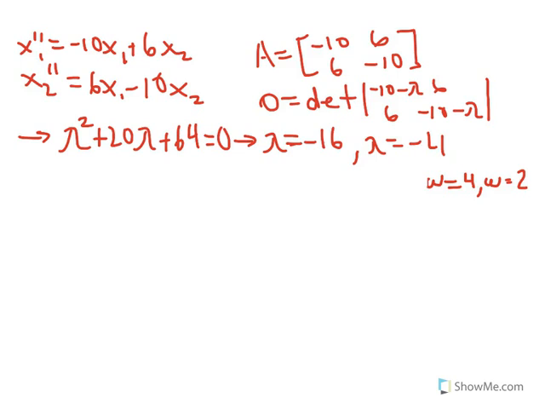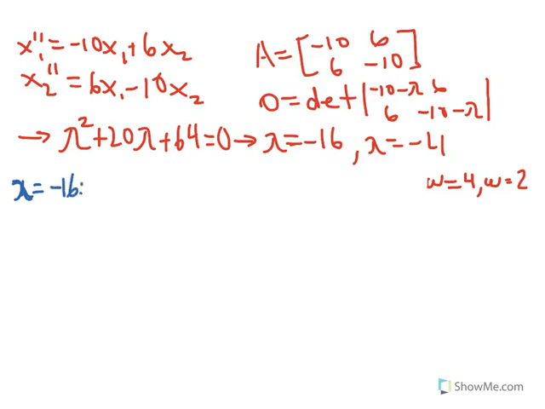At this point, we have our eigenvalues, and we can find our eigenvectors as normal. I guess I'll do it in a different color. First, we can consider the case lambda equals negative 16.